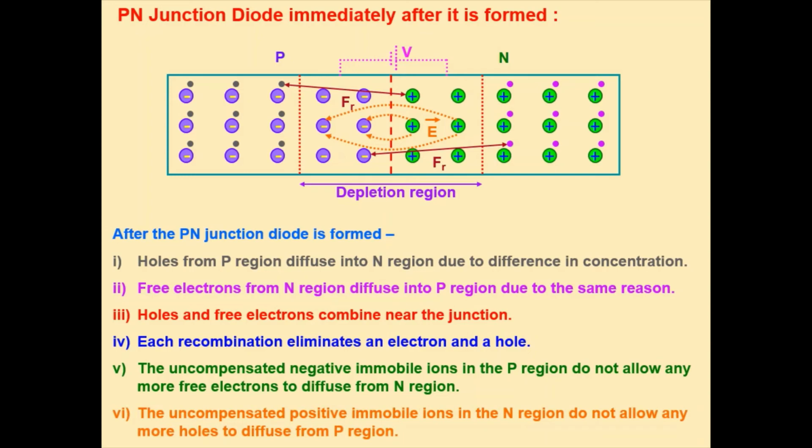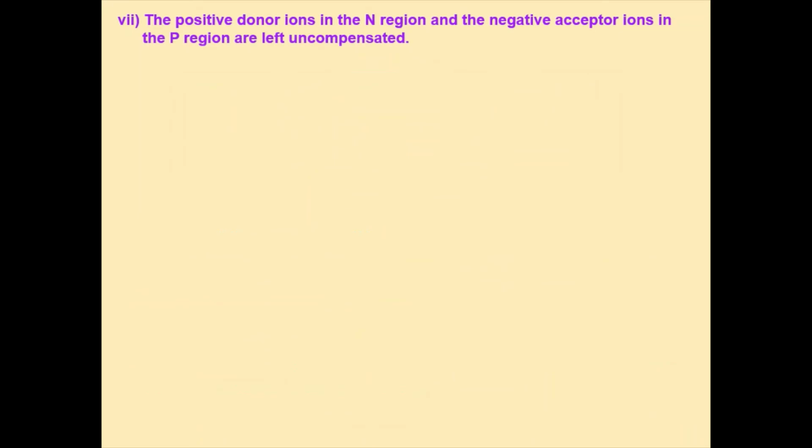And the uncompensated positive immobile ions in N region do not allow any more holes to diffuse from P region. The positive donor ions in the N region and the negative acceptor ions in the P region are left uncompensated.